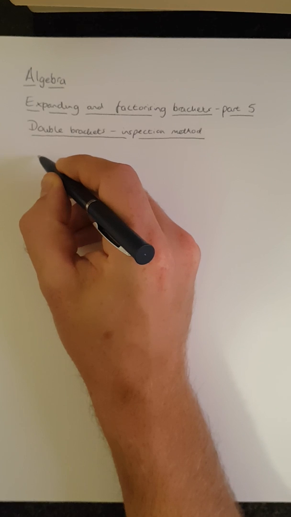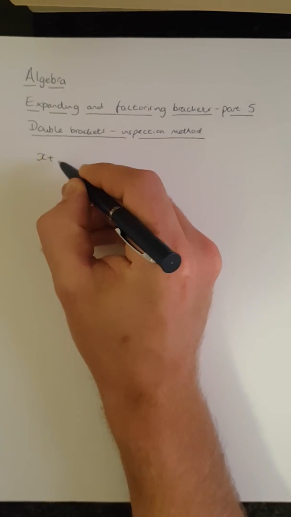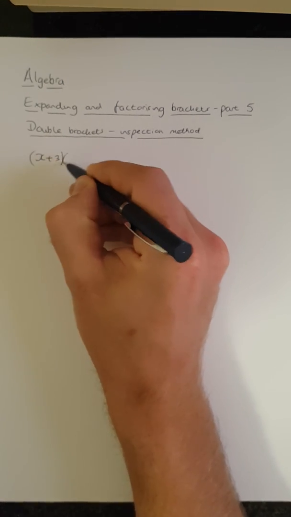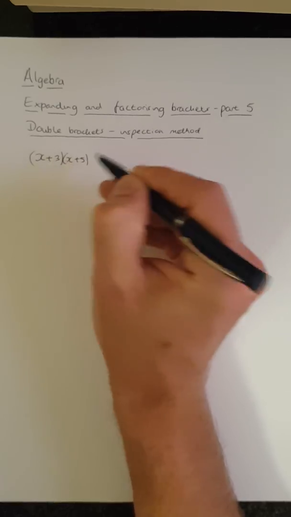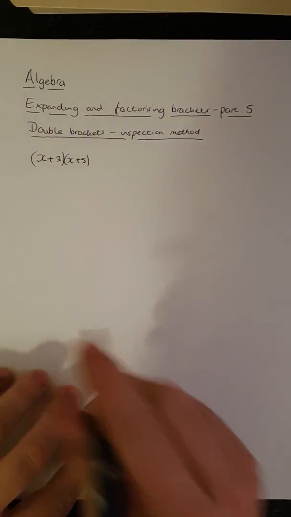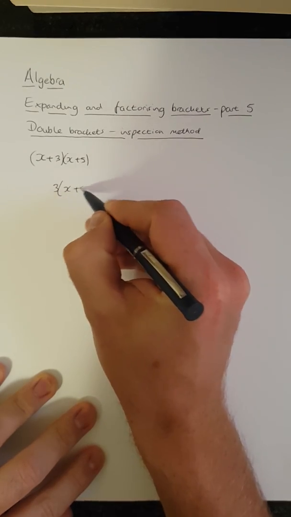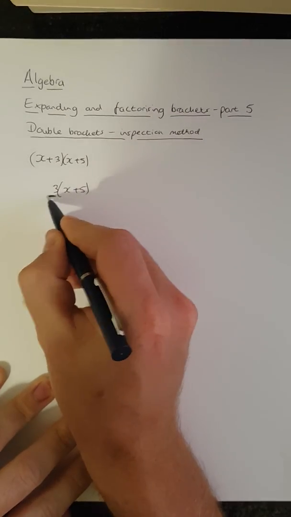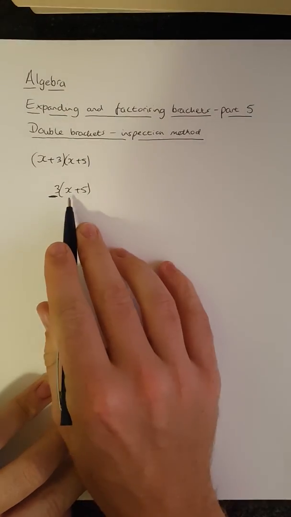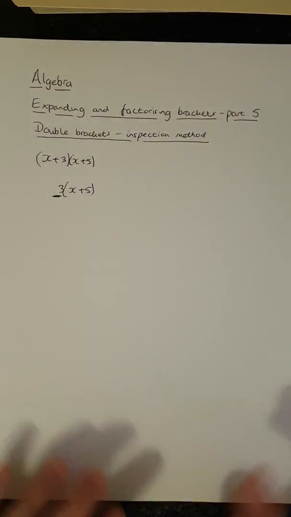So let's begin with the following example. A reminder first of what we did previously. If I had 3 lots of x plus 5, I would take what was here and multiply the whole bracket by it.